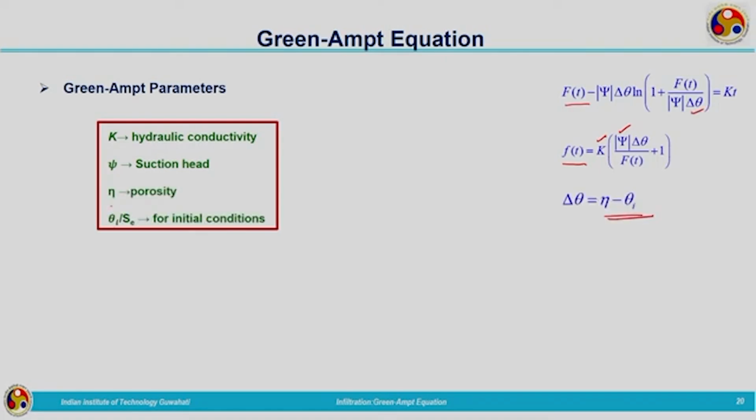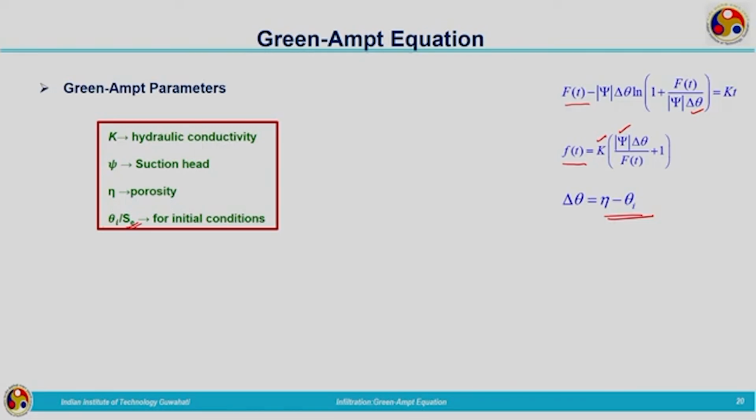So theta I or SC, effective saturation, these two terms can be utilized for representing the initial condition. So the different Green-Ampt parameters we can summarize as the hydraulic conductivity K, suction head psi, porosity eta and theta I, that is the initial moisture content.